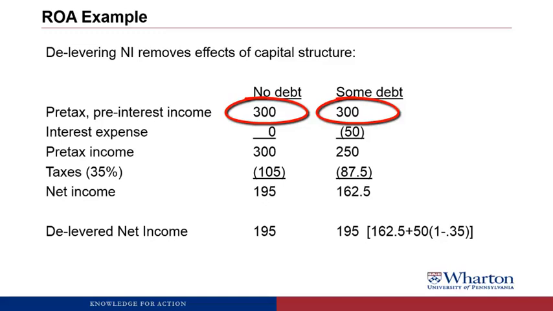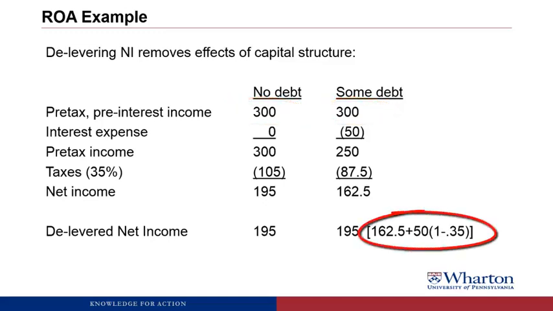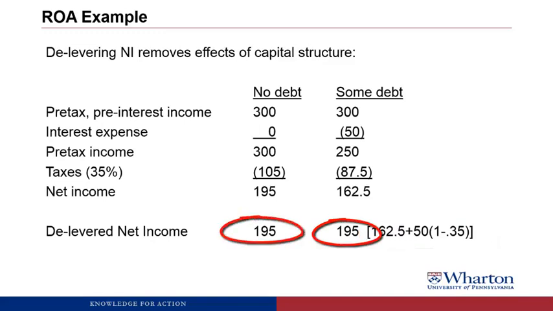So we need to de-lever net income for the some-debt company. We take 162.5 plus 50 times 1 minus the tax rate. That removes the interest expense and the tax effect of having the interest expense in there, and we get to the same de-levered net income. Putting that into ROA, we get the same conclusion: these companies have similar operating performance.